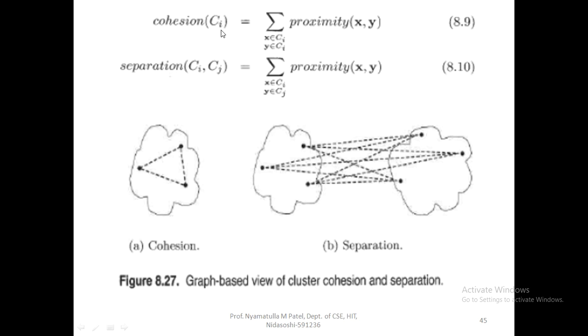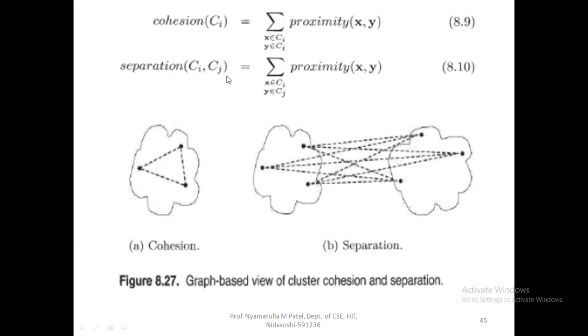Cohesion is only with respect to one cluster, so here we are not considering Cj. We are considering only Ci, whereas for separation we need to find the distinctness, how different two different clusters are.